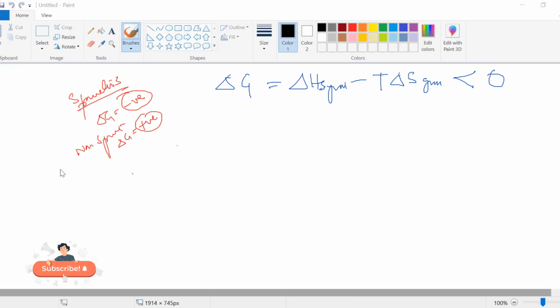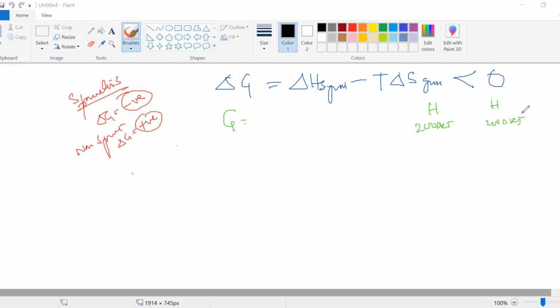Now, what does Gibbs free energy tell you? It tells you the quality of the work that can be extracted from a heat source. Suppose two systems are giving out the same heat, 2000 kilojoules and 2000 kilojoules.